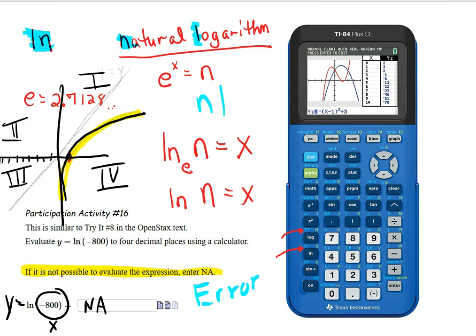That's why you can't take the log of a negative number. This function doesn't exist over there. There's no point on this graph that has a negative x value. So that's why you get an error message. I hope that makes sense.